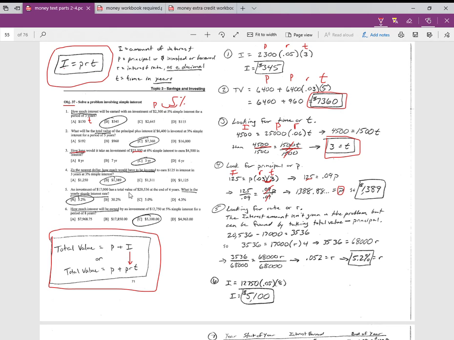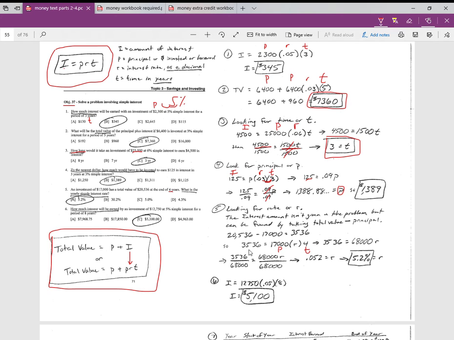Okay, so they gave us 4 years. So you can see I put that here, that's their T. They said an investment of $17,000, which is their principal. And we don't know the R, that's our question mark.